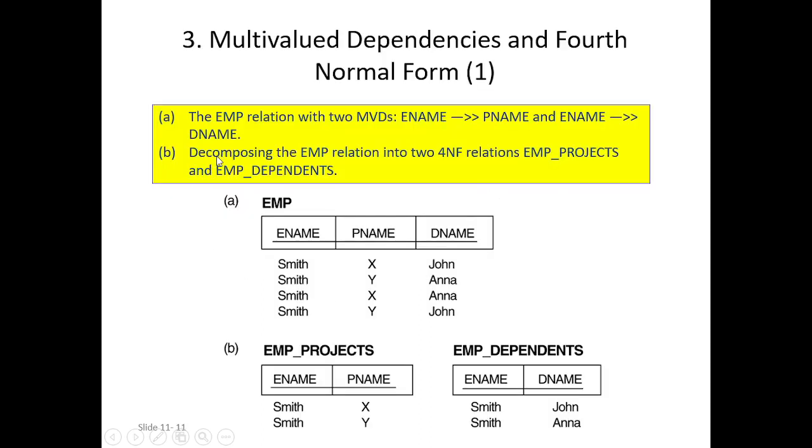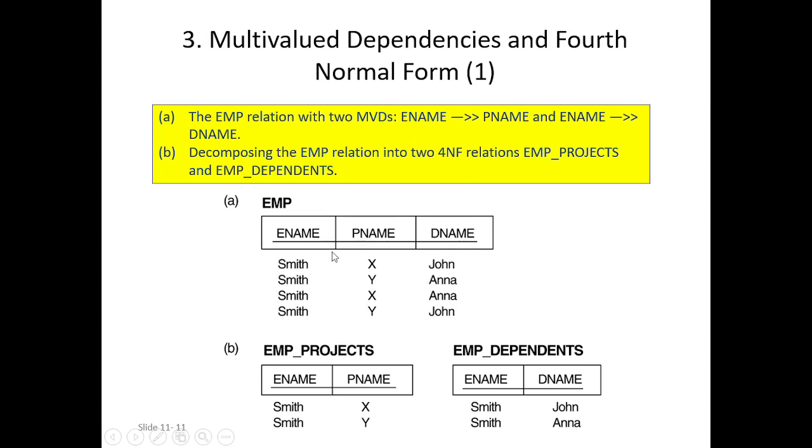Consider an example here. We have an employee relation with employee name, project name and department name. For the same employee Smith, one employee can work on different projects, and one employee can have multiple dependents.